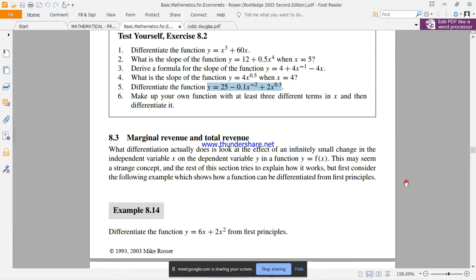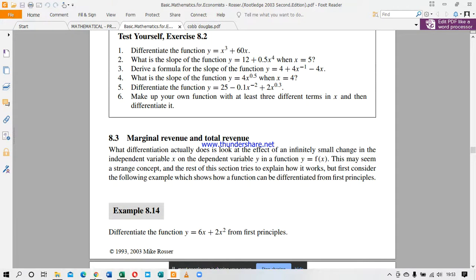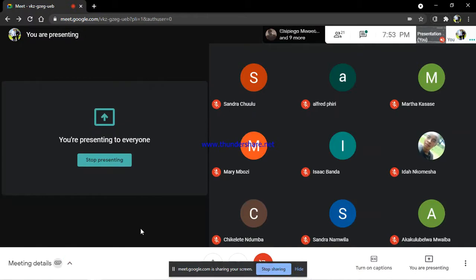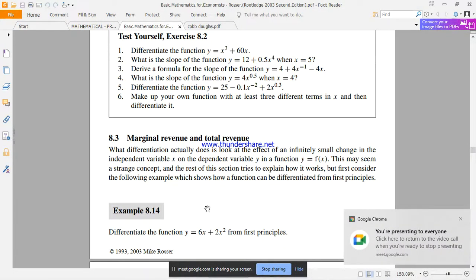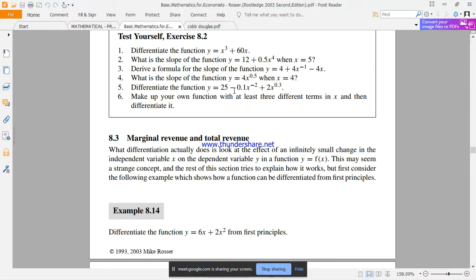I'm done, I found my answer already. I'm waiting for a gentleman to give us the answer. Let me get back to the question in case someone wants to see it. Under a minute, we should be done.